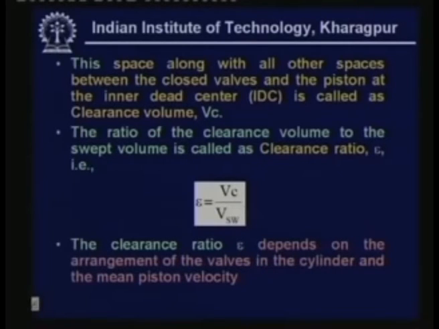That means epsilon is defined as Vc divided by Vsw, where Vsw is the swept volume of the compressor, that is, number of cylinders times pi d square by 4 L, in meter cube. The clearance ratio epsilon depends on the arrangement of the valves in the cylinder and the mean piston velocity, and this value can vary anywhere between 4 to 12 to 13%.